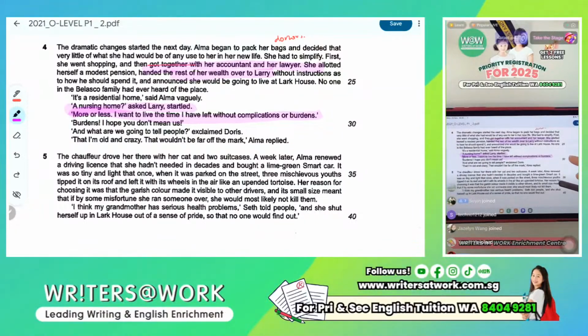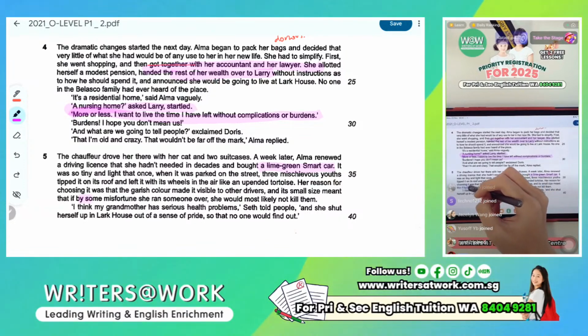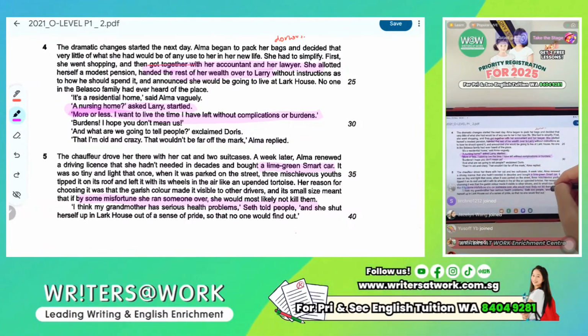Then on the last paragraph, it's very interesting that she bought a lime green smart car, which is a very small car, and she said that if she ran over someone, she would not kill them. So it also tells you something about Alma's character.